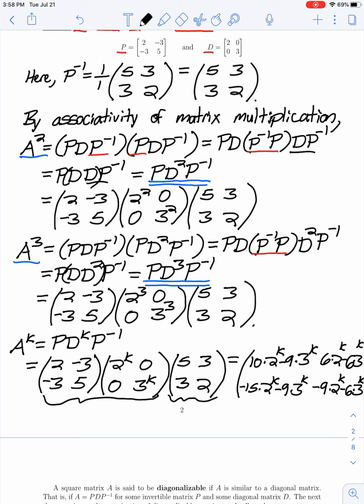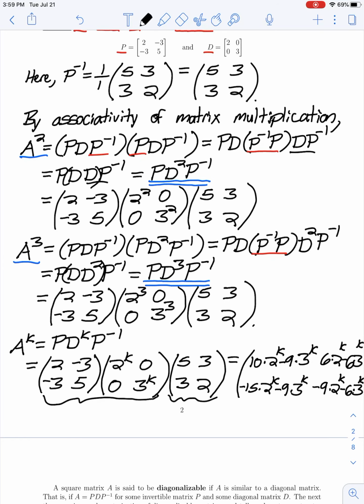So this example is illustrating that if we can find a factorization of the square matrix A, which has the form P times D times P inverse, where D is a diagonal matrix, then we can use this same sort of process to easily evaluate A to higher powers.